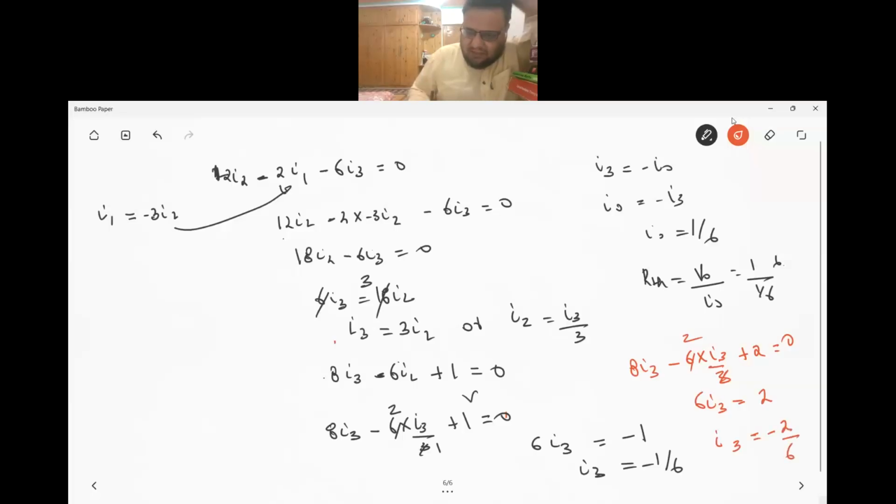So I naught would be equal to 2 by 6, that would be 1 by 3. What is your R Thevenin? V naught by I naught. So V naught in this case you have taken as 2. So 2 divided by 1 by 3, which is again 6.